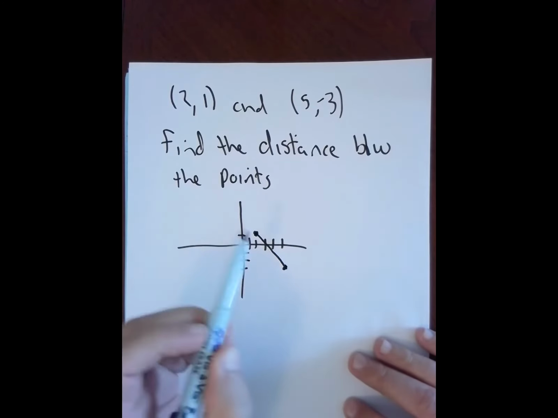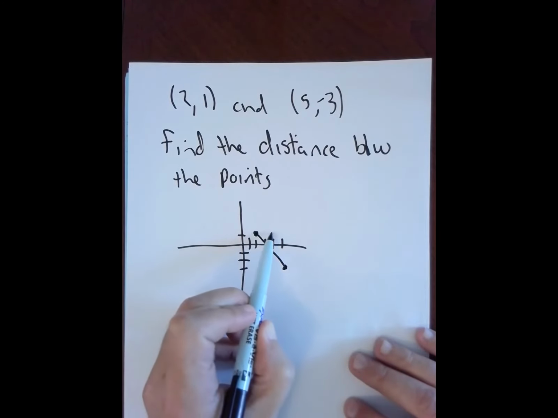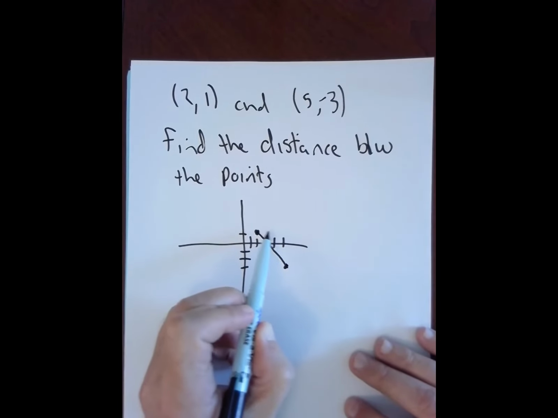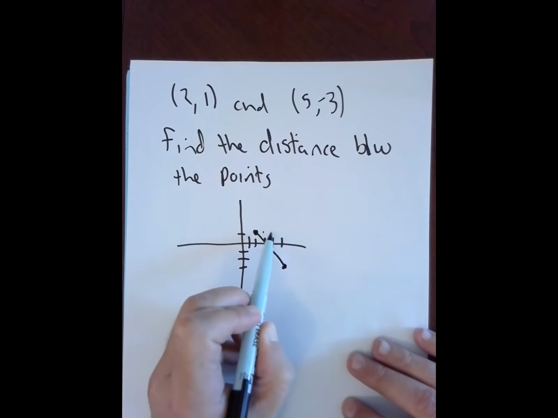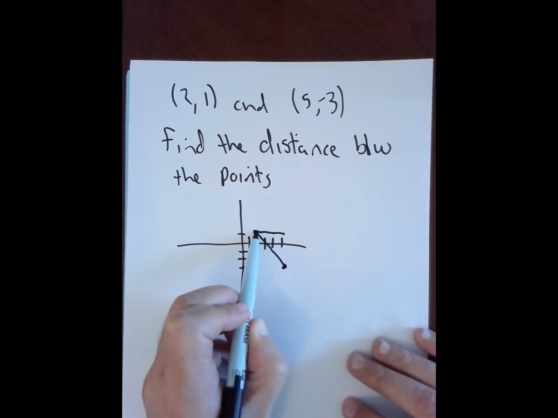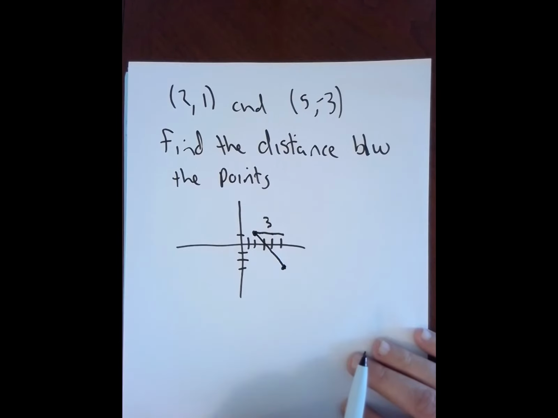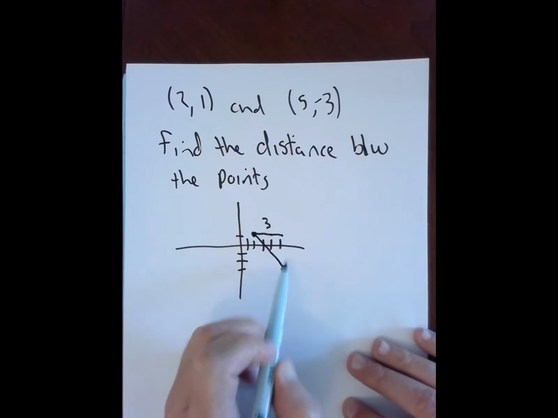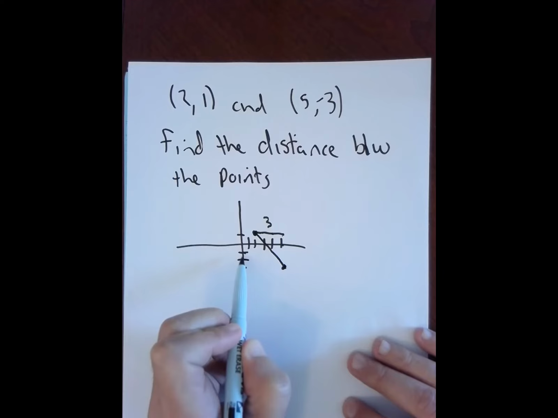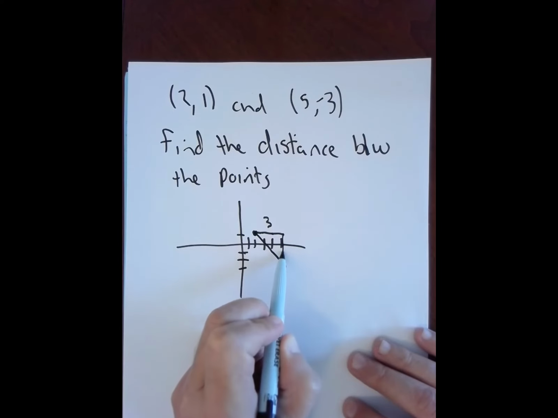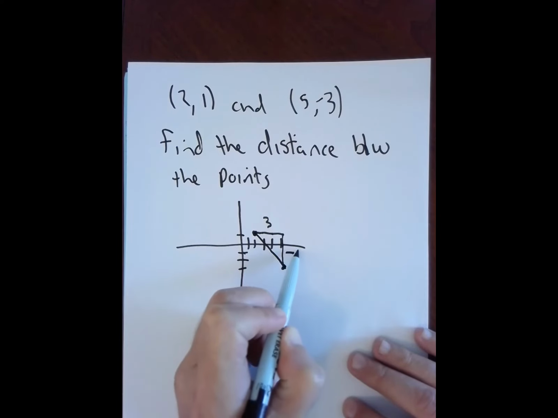Well, we could just count how far do I have to go over horizontally to get from 2, 1 to 5, negative 3. I have to go over 1, 2, 3. So that's over 3. And how far do I go vertically? I have to go down 1, 2, 3, 4. So that's down 4.